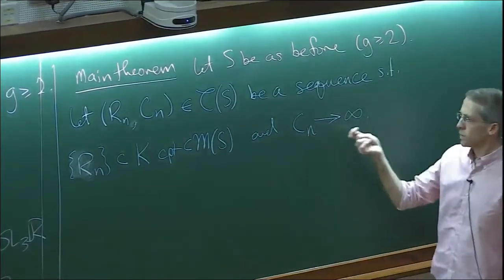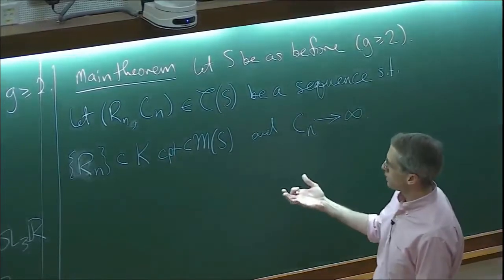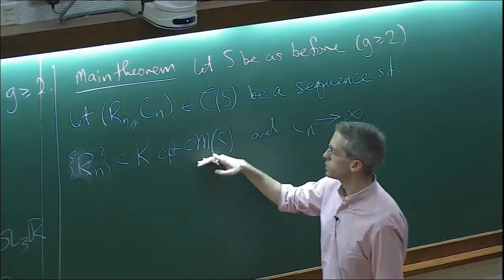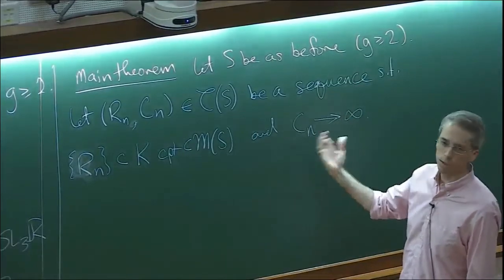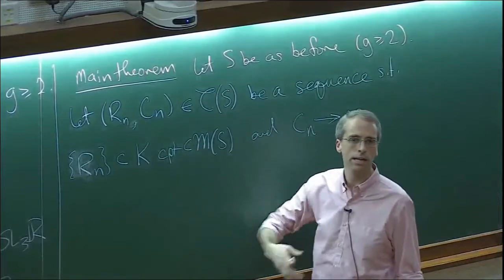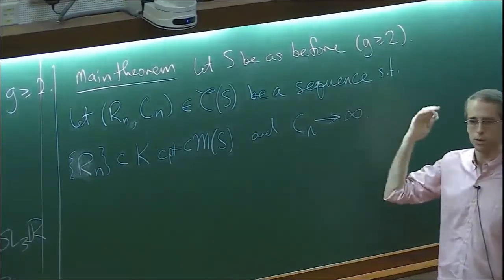So let me just say briefly what this means. Over a compact set in moduli space, you choose any norm on the vector bundle of cubic differentials that you want. Because we're dealing with a compact set, it won't matter which norm, any two will be equivalent. Then what I mean is I want the norms of the cubic differentials to go to infinity.